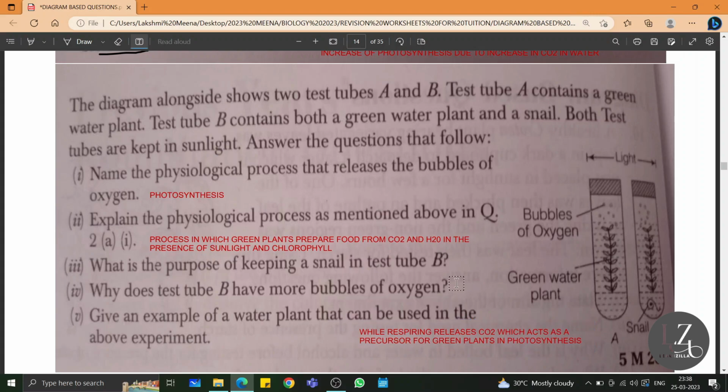Okay, so more photosynthesis as more carbon dioxide is released by the snail. Just because of space constraint, I am using words like that.